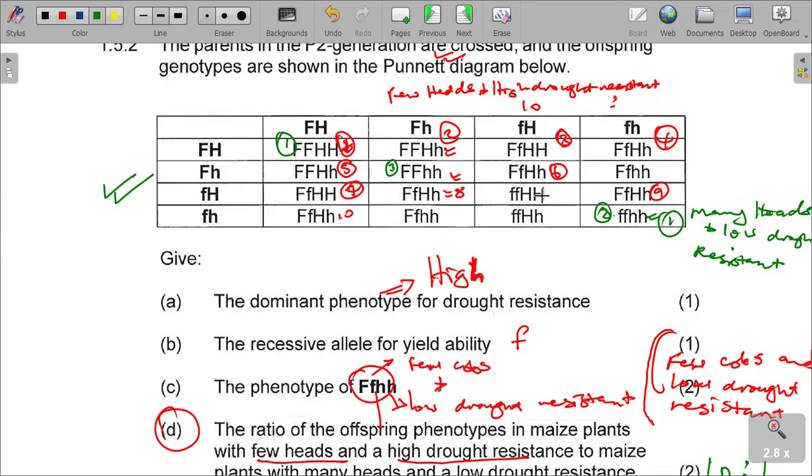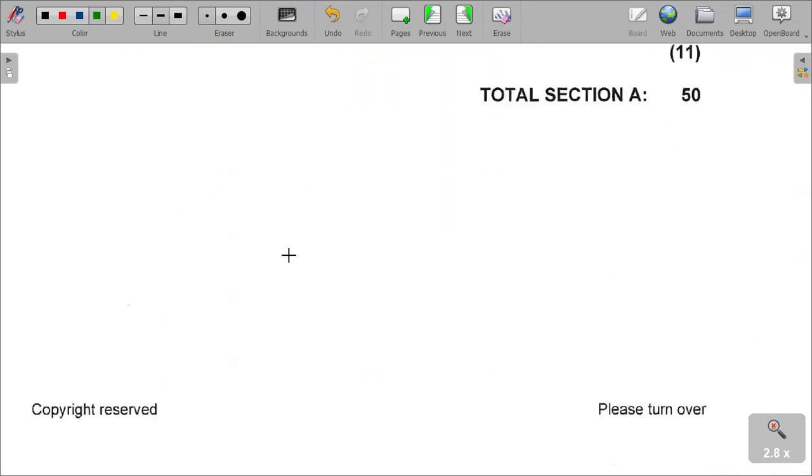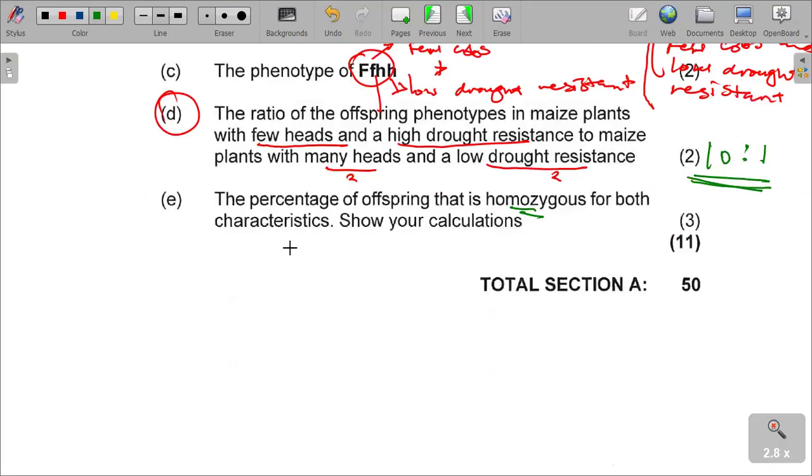We have got this one also, 4. So we look for all the possible outcomes where we have got homozygous for both characteristics. It's 1, 2, 3, 4. We can check again. Yes. Homozygous for both characteristics class, we have got 4 outcomes.